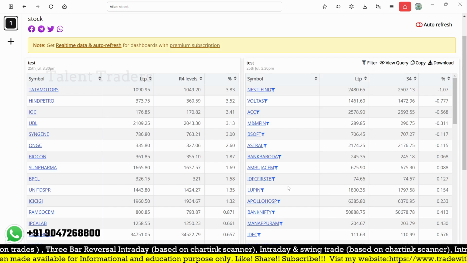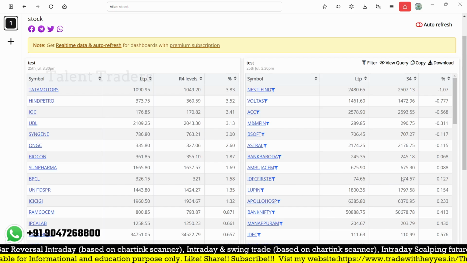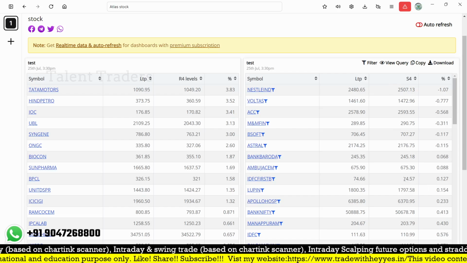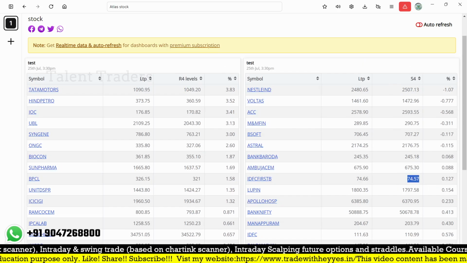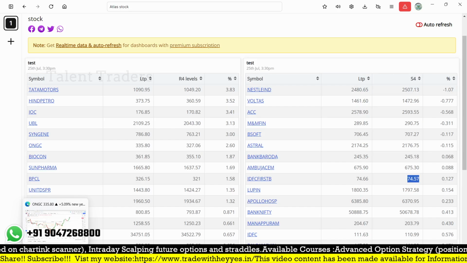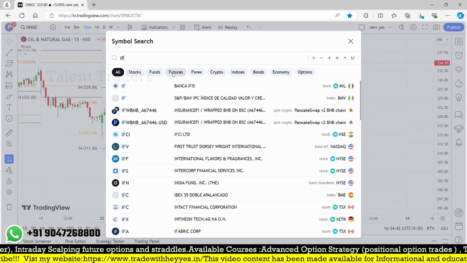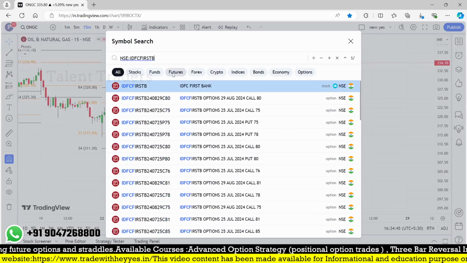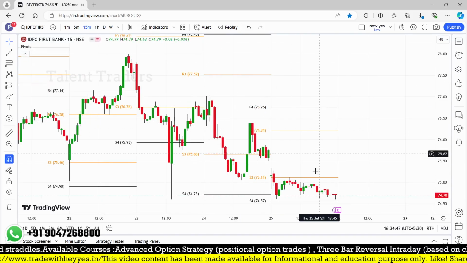For example, IDFC First Bank, as of now the current closing, the R4 value is 74.57. Let me check, it is greater than the R4 level as of now. Let me check the chart of IDFC First Bank. I'll show you, and it may be triggered or may not be.